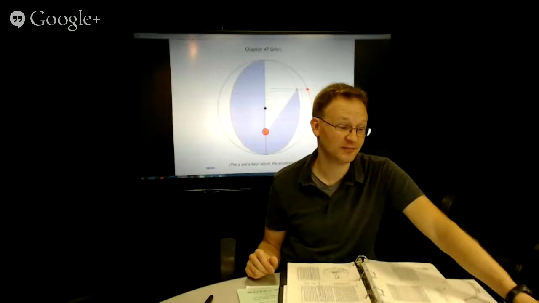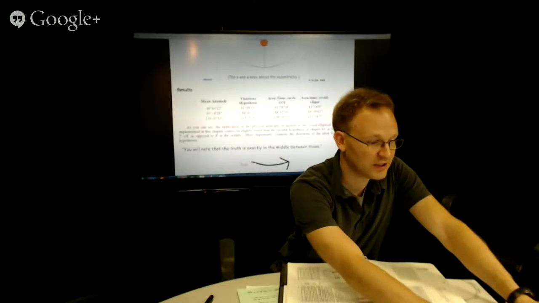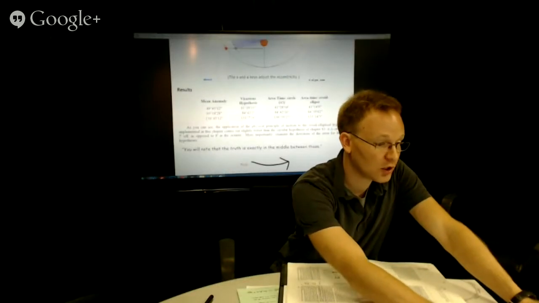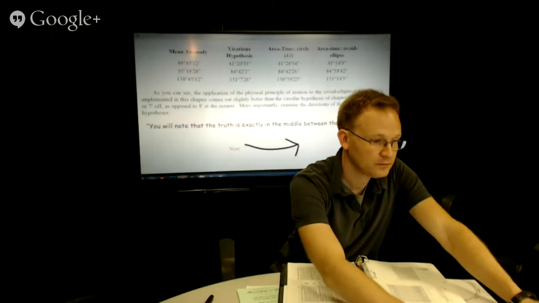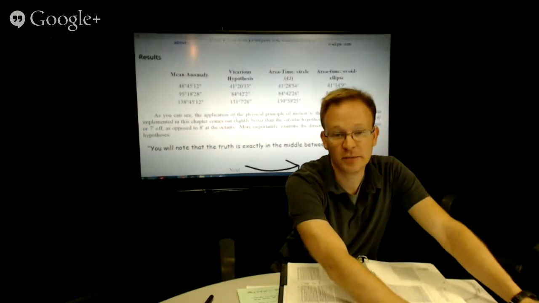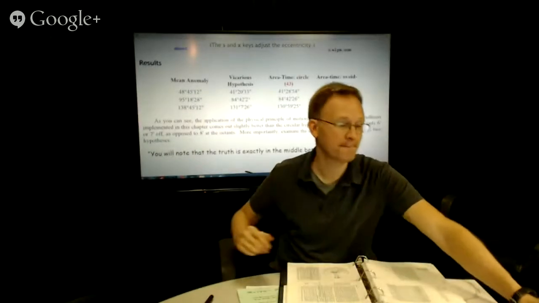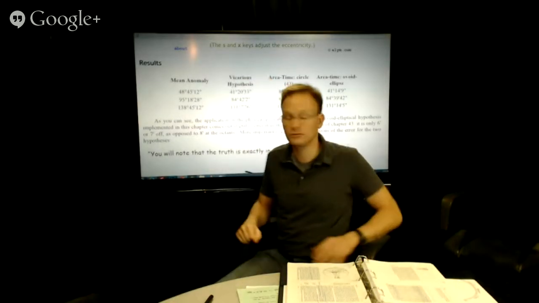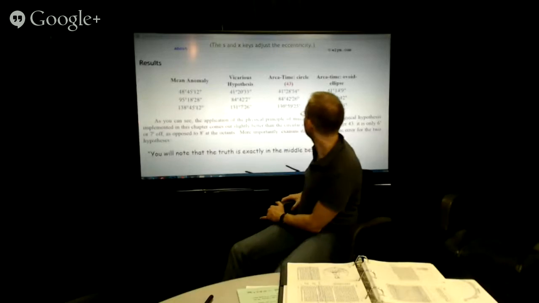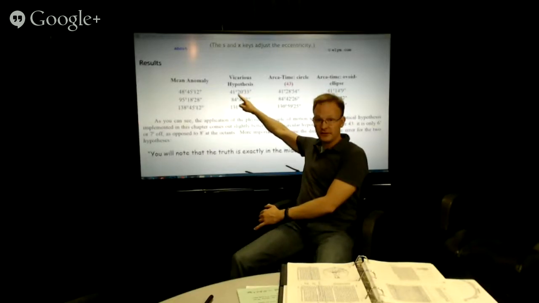It's not the ellipse that the planet actually moves on, and Kepler knows that because the numbers he gets are wrong. Take a look at these numbers. You can see them. They're on the website. I get, let's say at 45 degrees, for example, the vicarious hypothesis says 4120.